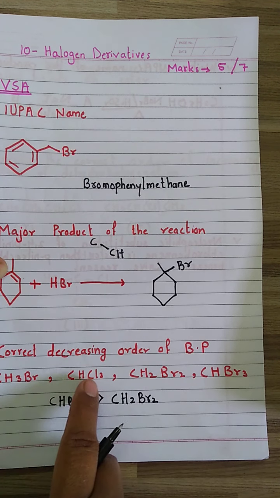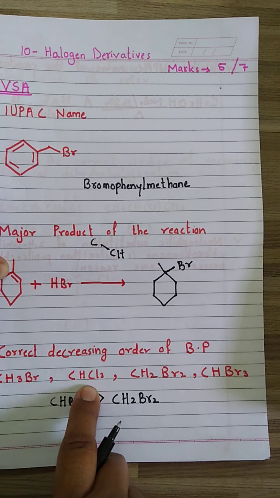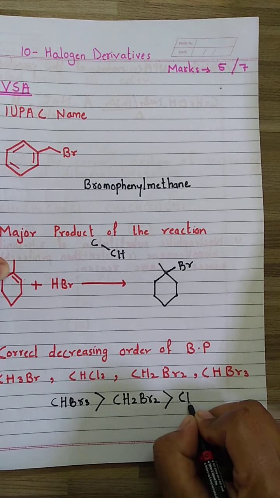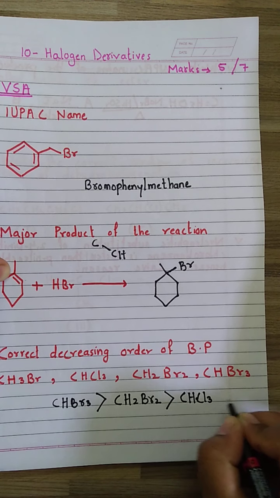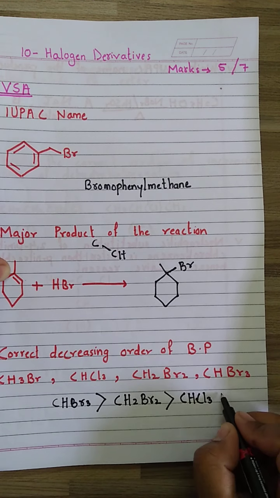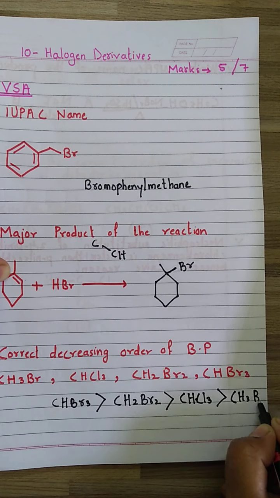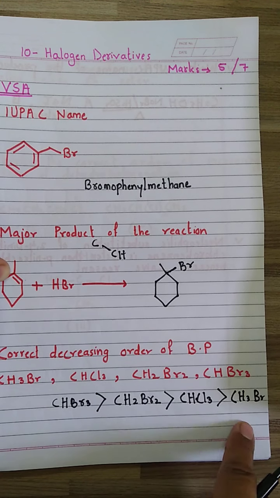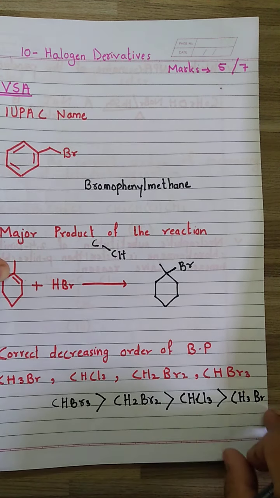Out of these two, bromine is bigger in size, but if there are 3 chlorines, this molecule will become bigger and will have a higher boiling point. And at the last we'll have bromomethane, that is CH3Br. So this is the correct decreasing order of boiling point for the given alkyl halides. Let's see the next question.